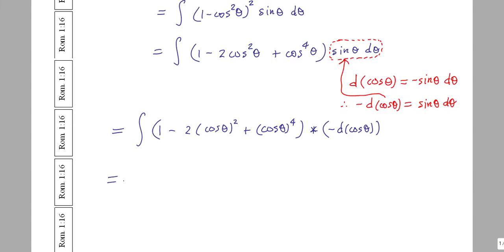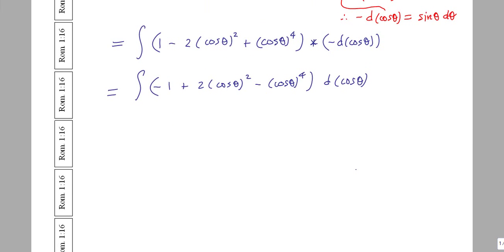Okay, and so that minus just changes the signs on all of those terms. So I've got the integral of minus 1 plus 2 cos of theta squared minus cos theta to the fourth d cos theta. And this is an exceptionally easy integral to evaluate because everything's in terms of cos and we're integrating with respect to cos.